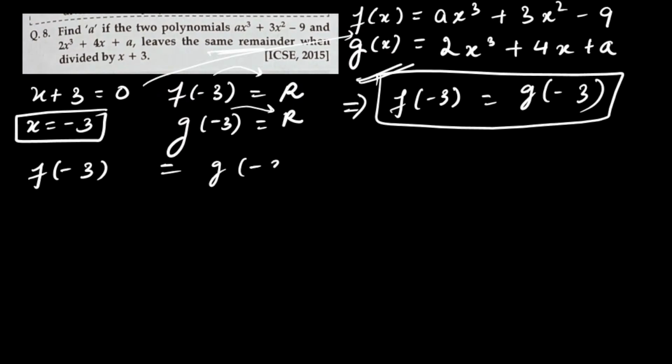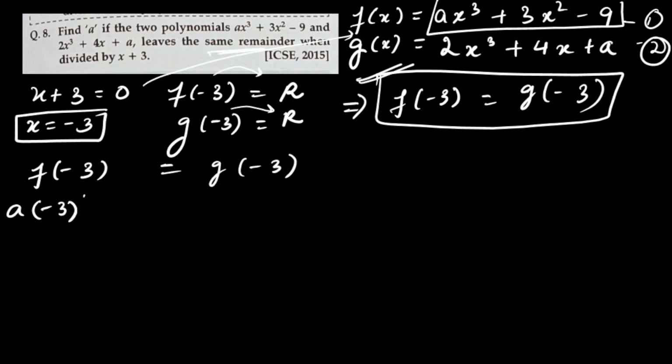g of minus 3. That means in the first polynomial f(x), wherever x is there, we can write that value. In the first one I will just substitute the value of x as minus 3. So a into minus 3 whole cube plus 3 into x square, so minus 3 whole square, minus 9.